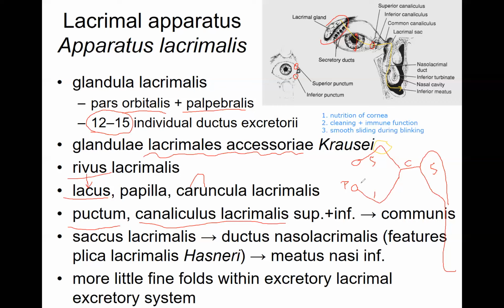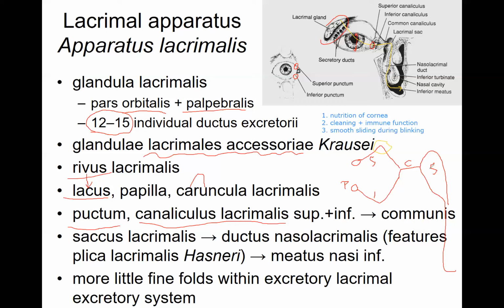The excretory lacrimal ducts are not opened when the baby is born. They are luminized during the first 6 to 12 weeks after the birth. And if they are not luminized, wait a little bit, and then if they are still not luminized, you have to put a wire inside, and you have to artificially make them open. So you have to know what is the direction of these canaliculi.